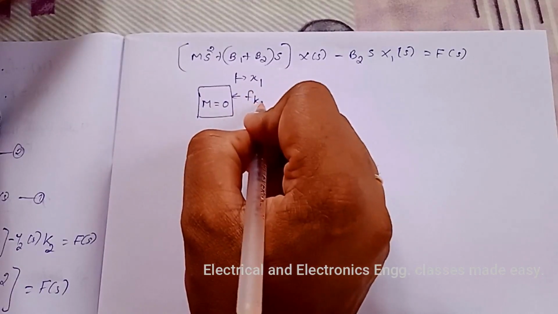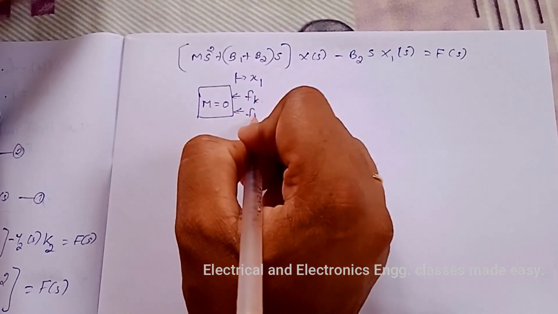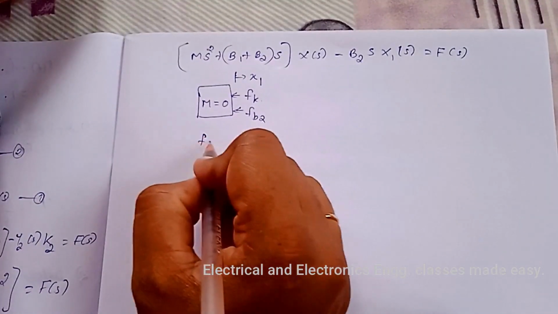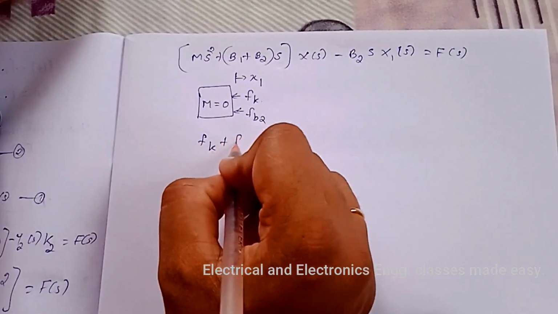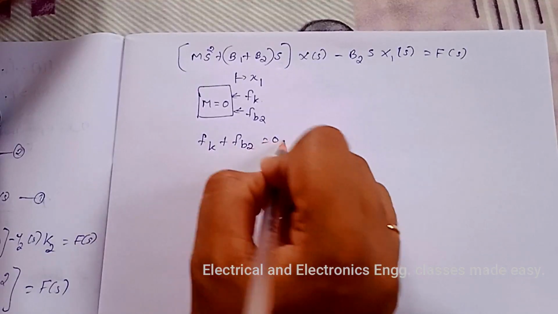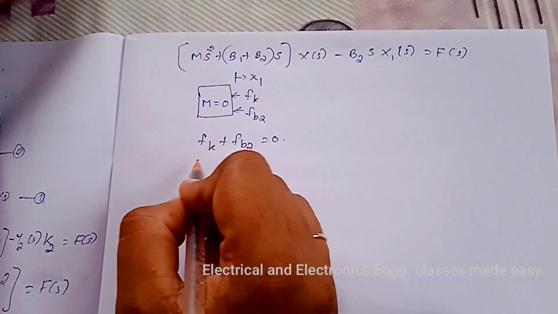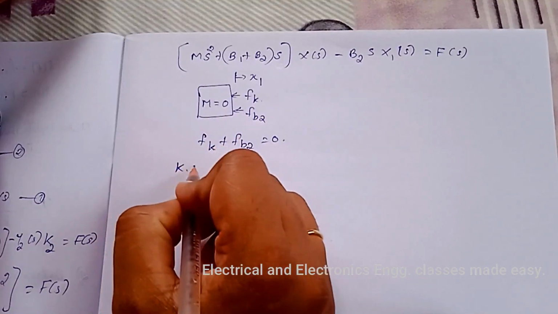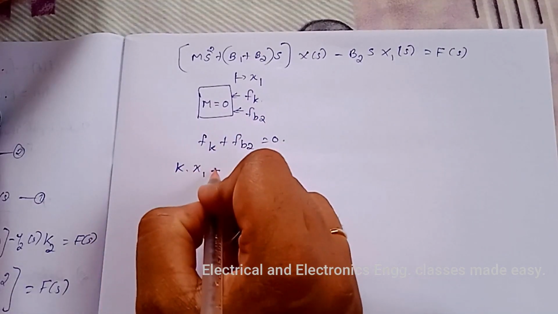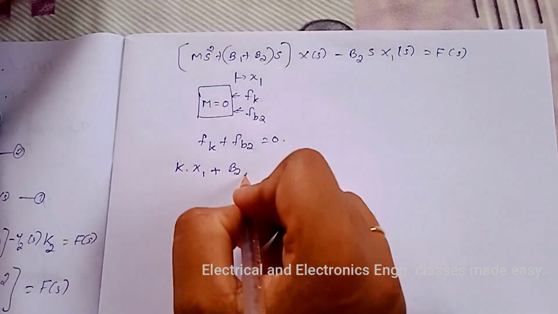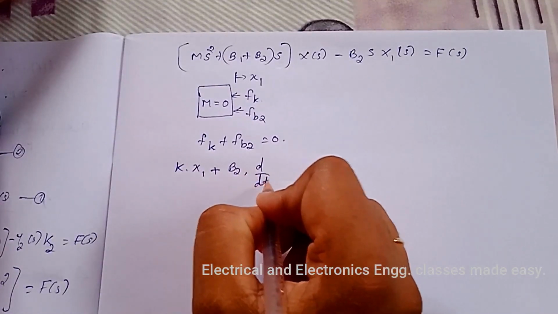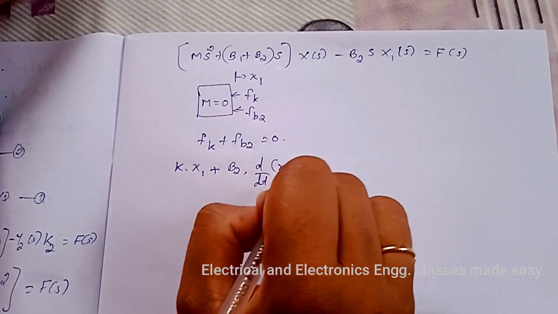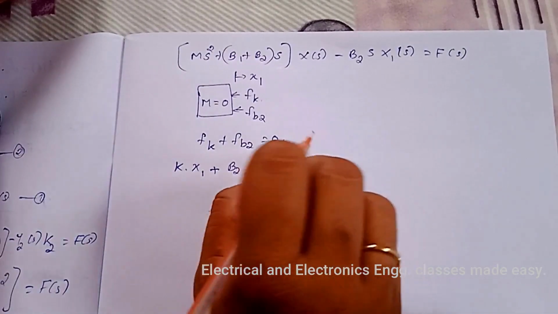Opposing forces are Fk and Fb2. That is, we can write Fk plus Fb2 equal to 0. Now write the differential equations, that is k into x1 plus b2 into d by dt of x1 minus x, and that is equal to 0.